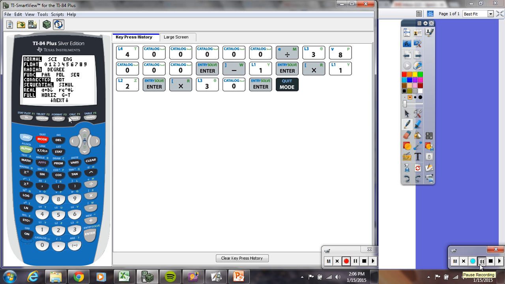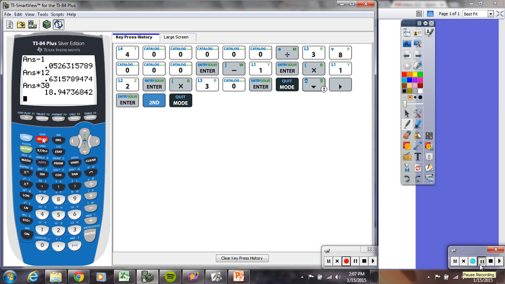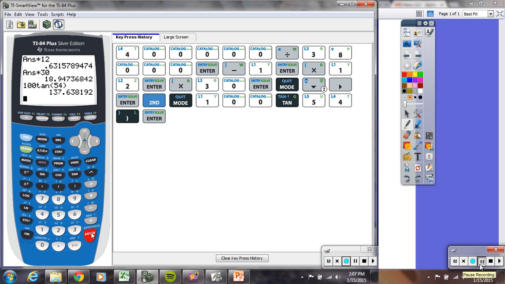I got the same answer as the book. So I go 100 tangent of 54, and that bridge is 137.6 something feet.